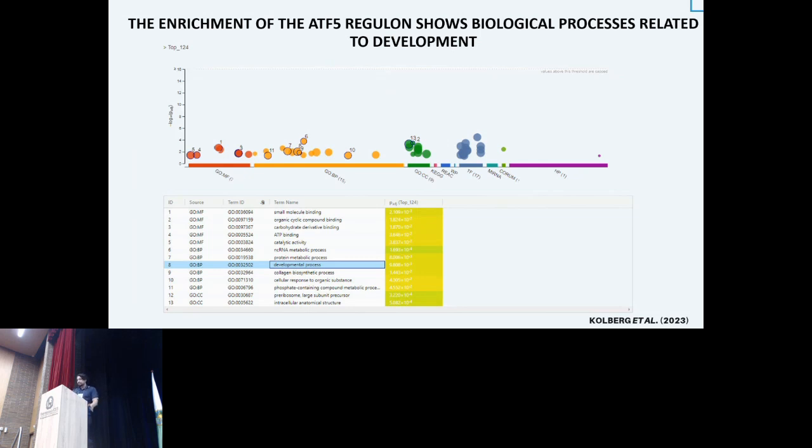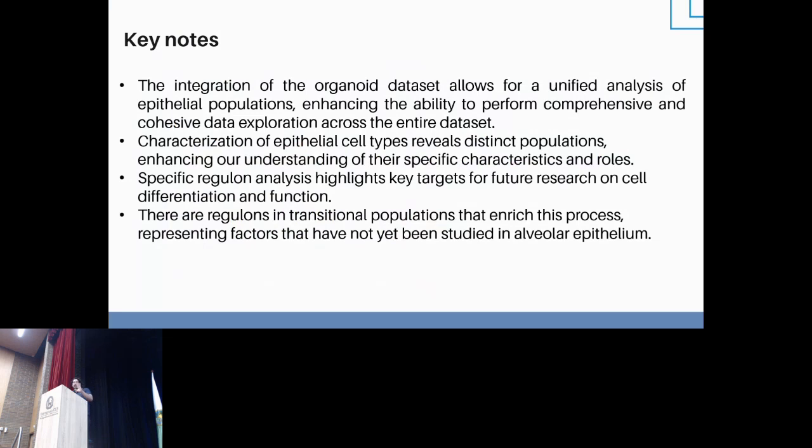So now, as a keynote, we already have the integration of all the alveolar organoid datasets. We characterized the epithelial cells and revealed that there are different populations involved in the alveolar organoid.